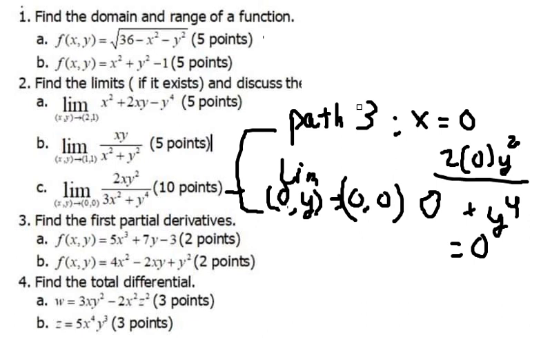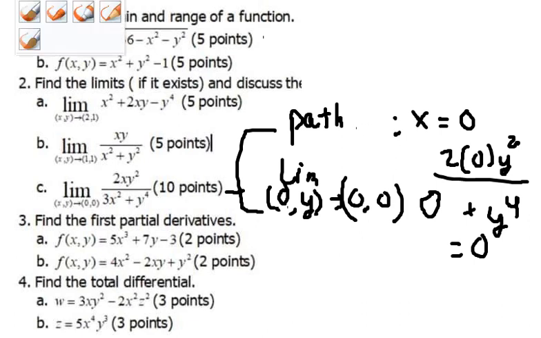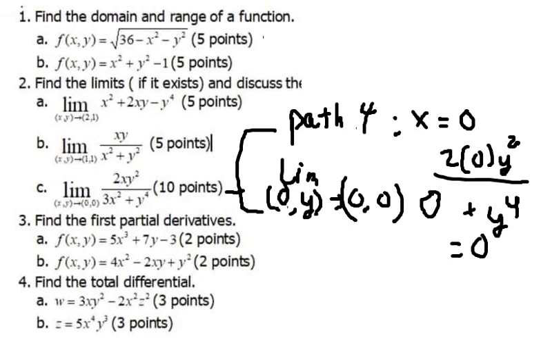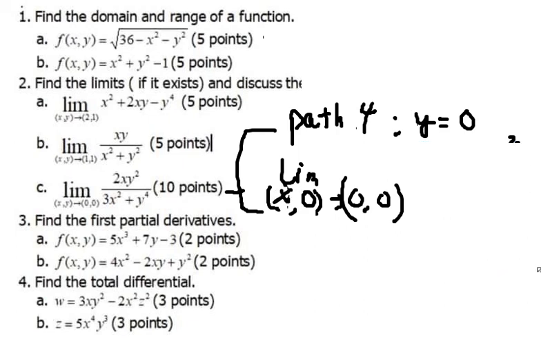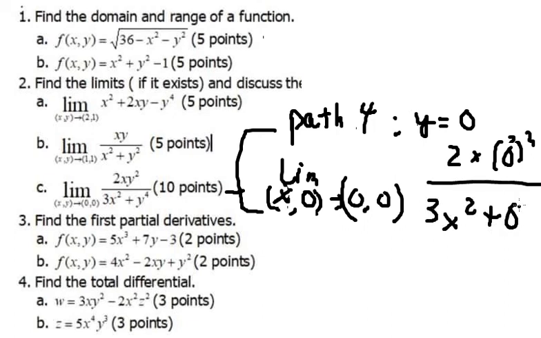Now we go to part number 4. This is about y equals 0. So we change this one for x, this one goes to 0. So in this situation, we have 2x times 0 squared in here over 3x squared plus 0 to the power of 4.